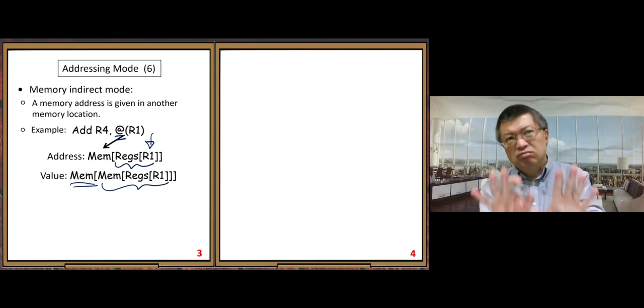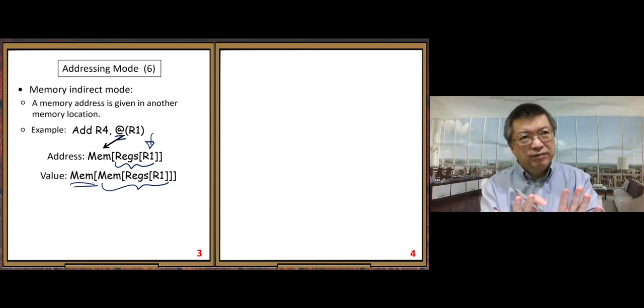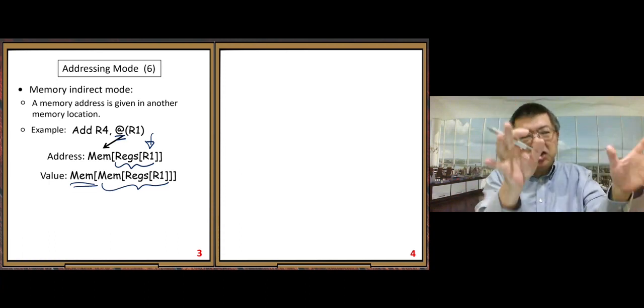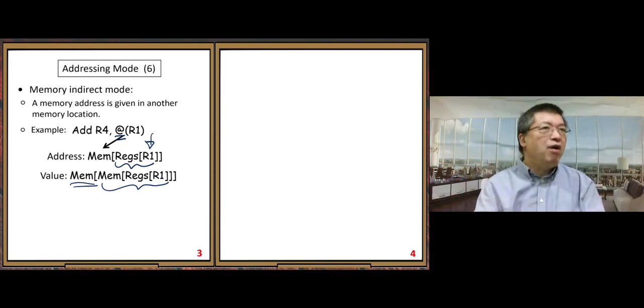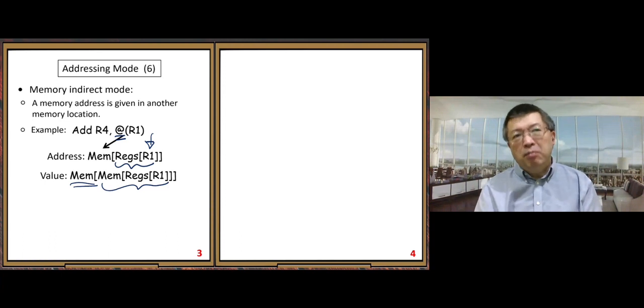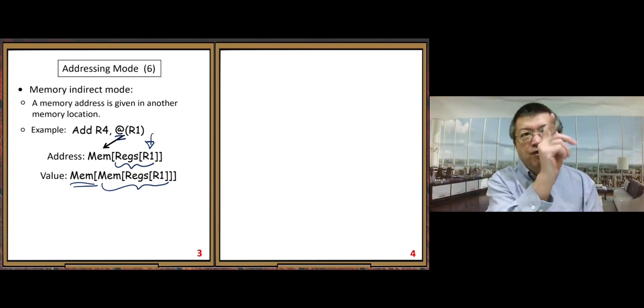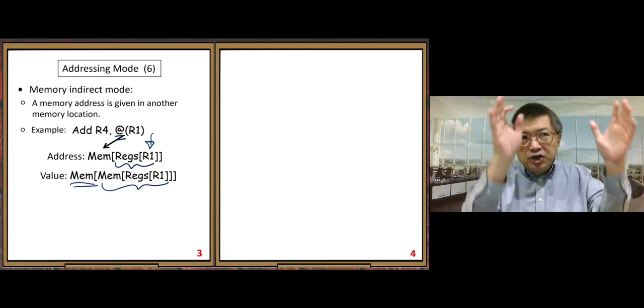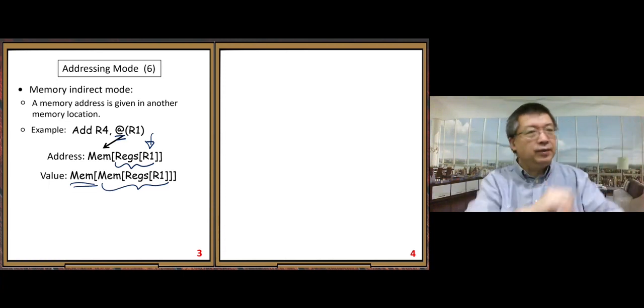We push this one as late as possible because we don't like this one. We try to avoid this one. All right, so those are the 6 addressing modes we need to know for this class. But we use the first 3 addressing modes. All right, so let's finish the C.3 video here.